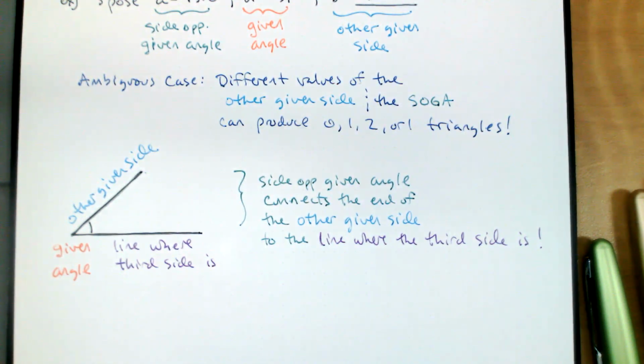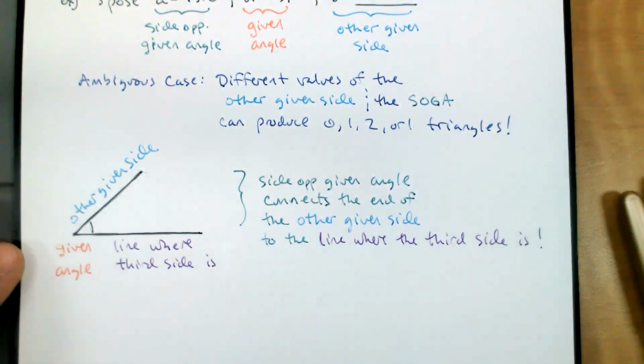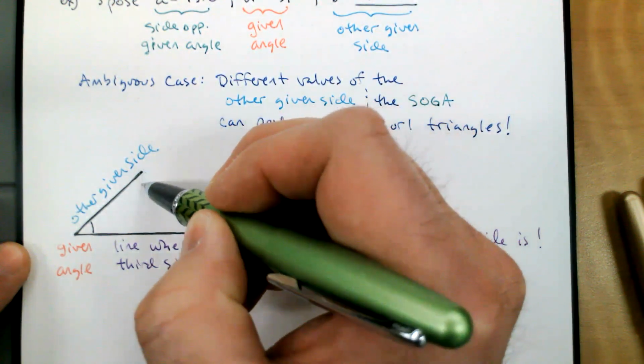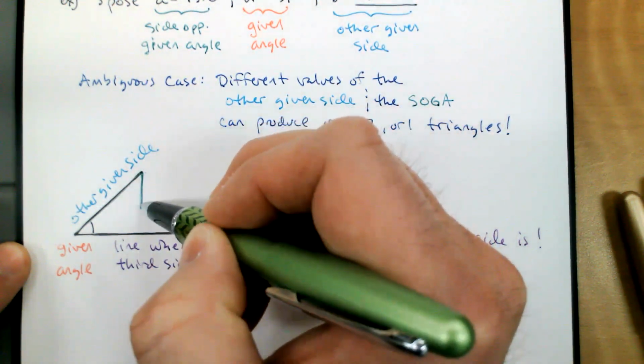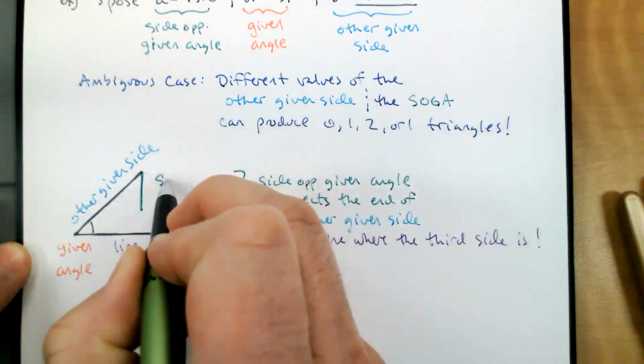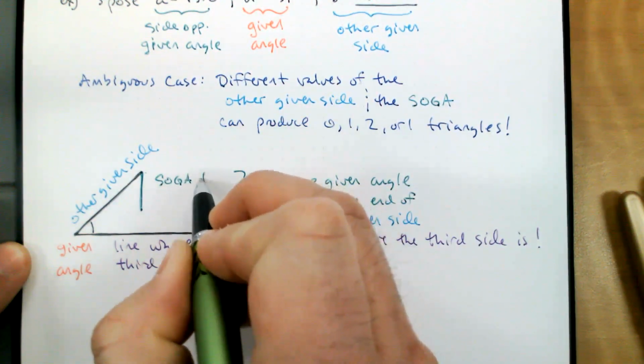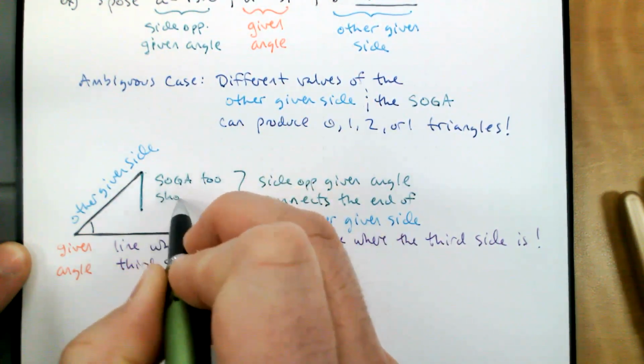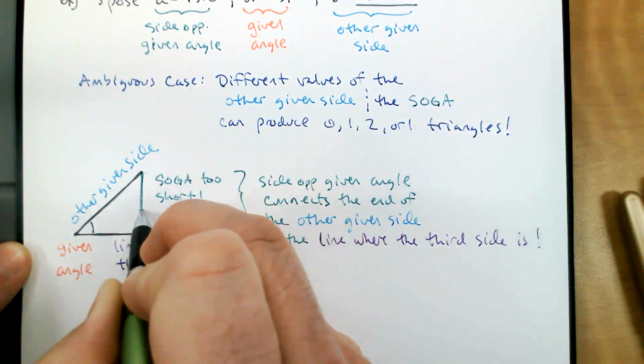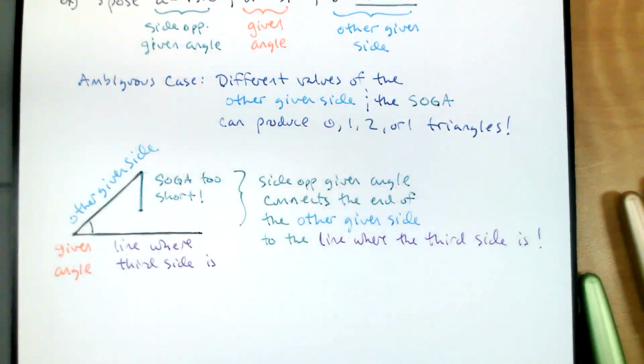What we can see is that there is some minimum distance between the end of the other given side and the line where the third side is. So if A is too short, if the side opposite the given angle is too short, then we have no triangles.